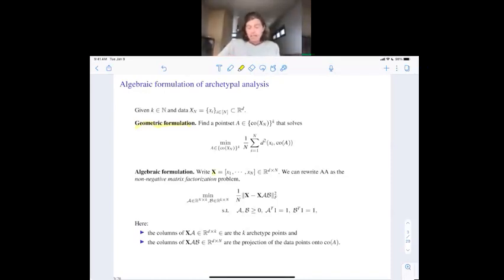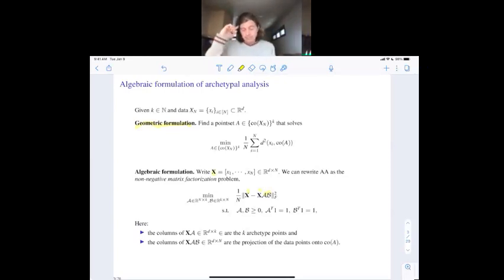And then I can rewrite archetypal analysis as this non-negative matrix factorization problem, where I want to find matrices A and B so that X is equal to X times A times B. And the constraints on A and B are that these matrices should be column stochastic, so that they're non-negative and they sum to 1.